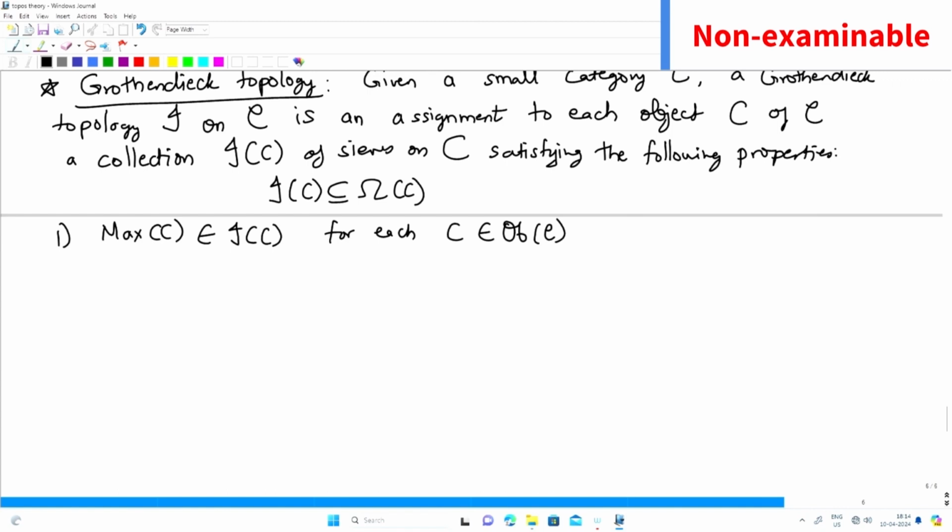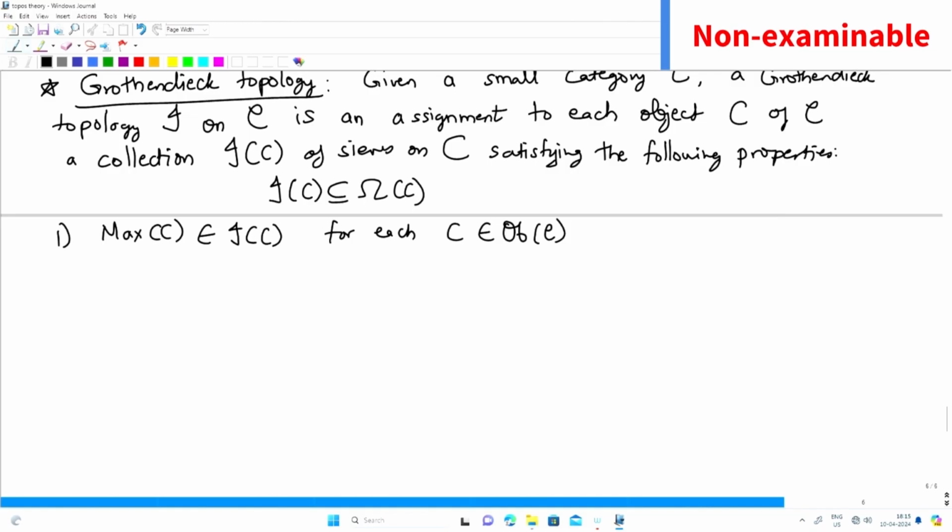So the points of this topological space, it's not just one topological space, but you think of all arrows coming to C as your points. Then certain subsets of them are open. Other subsets are not open. The entire collection of arrows coming to C is open.